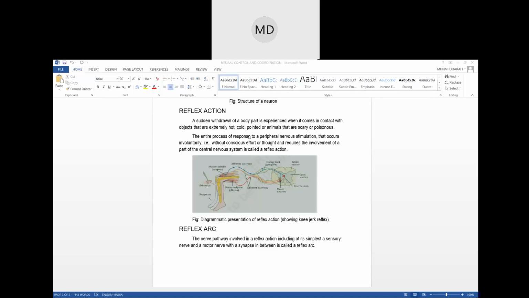But for example, if someone throws a sharp object at you while you're looking in a certain direction, you will move automatically without even thinking what is coming and what is going to happen. If you start thinking about all that, that object will hit you.